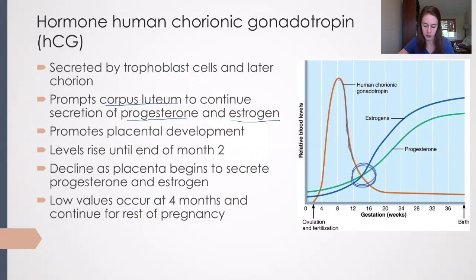And so along this same track, the corpus luteum is also going to start to degrade because HCG is necessary for the corpus luteum to exist. So once the placenta is ready to take over, human chorionic gonadotropin declines, stays at really low levels the rest of pregnancy, but the placenta is going to take over producing estrogen and progesterone.